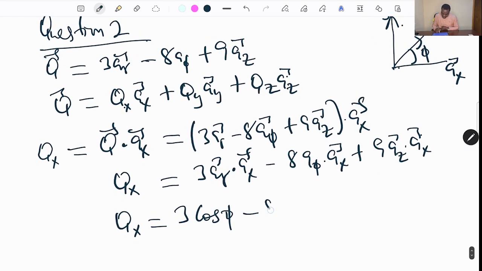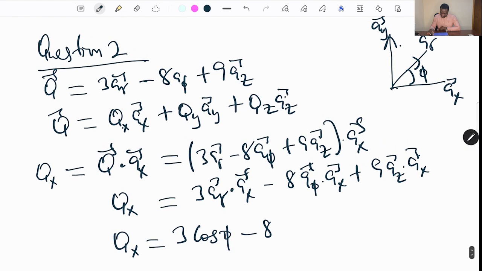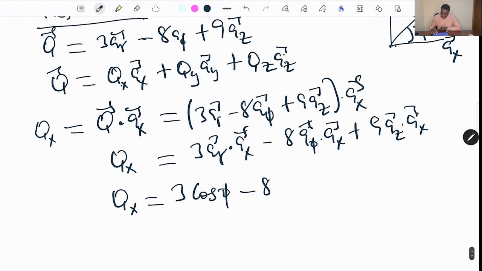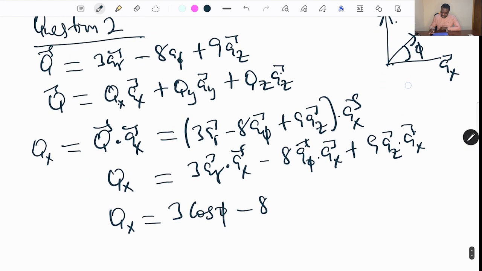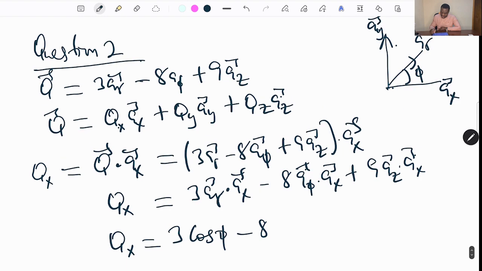Now we have minus, this time we have the unit vector a_phi. So how do I get a_phi dot a_x? Since a_rho and a_phi are both unit vectors of the cylindrical coordinate system, the angle between them is 90 degrees.